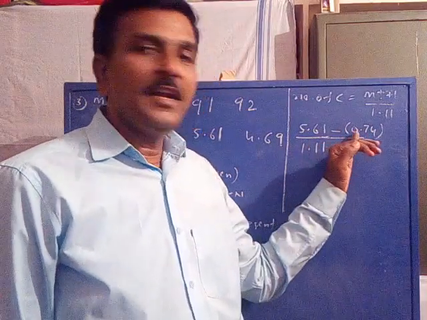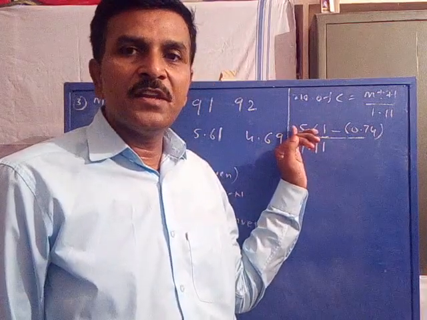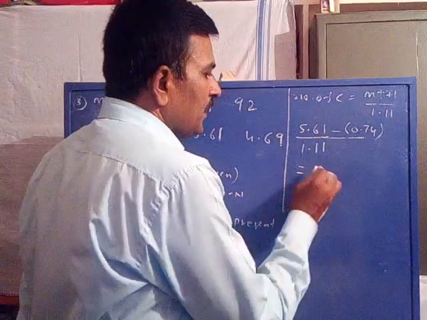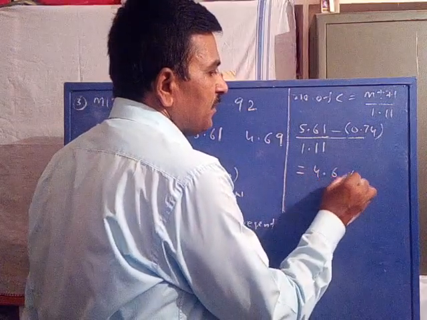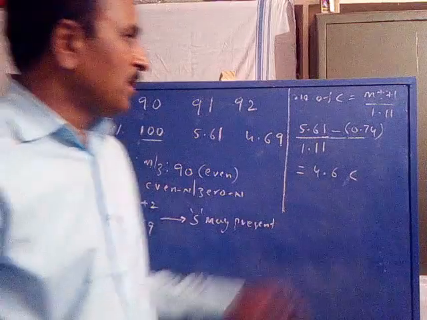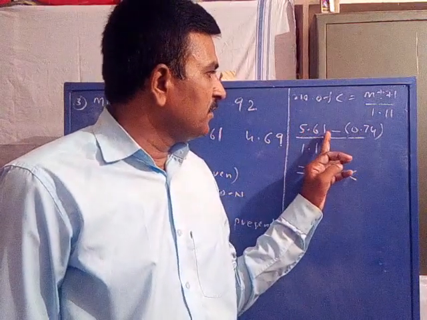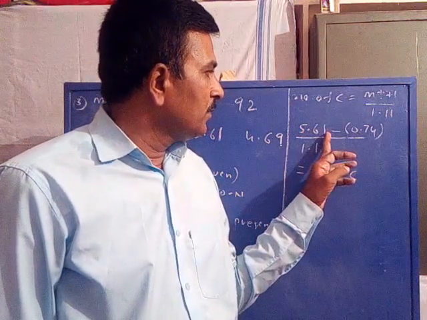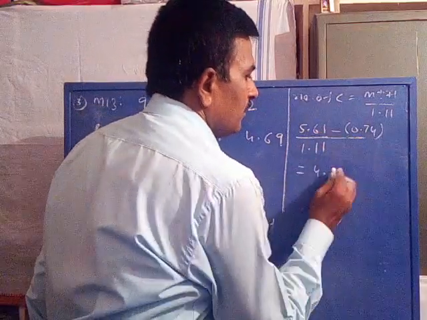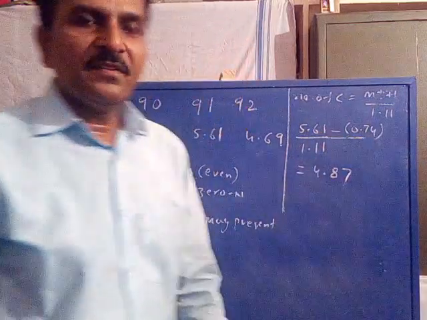Therefore, we delete 0.74 from 5.61. Is it clear? Now it becomes nearly 4.87.